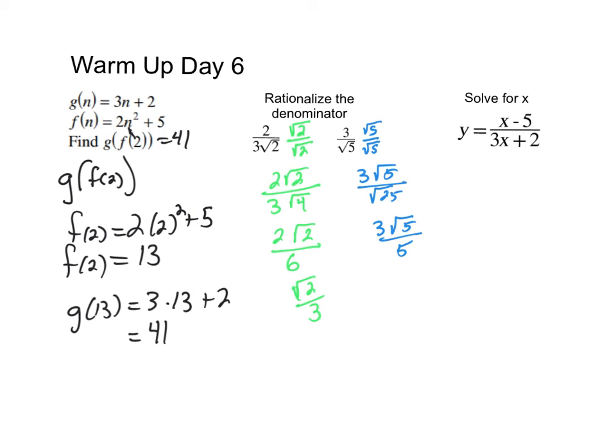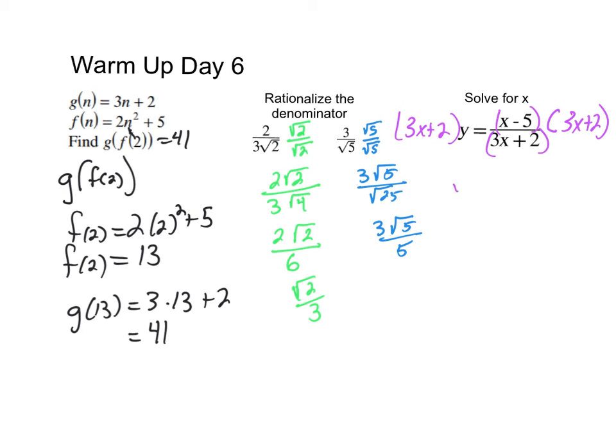Now on the last one, I want to get x by itself. So let's multiply both sides by 3x plus 2. We're trying to get rid of fractions to start with.